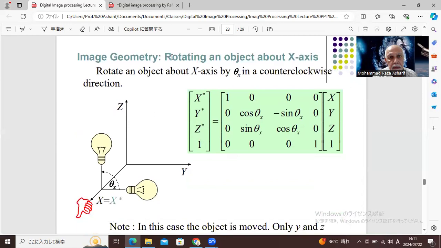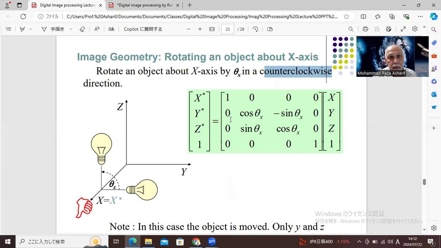For image geometry, consider rotation of an object about, for instance, the x-axis. You want to rotate this from here counterclockwise by theta. Then the new coordinate becomes like this. X doesn't change, so 1, 0, 0, 0, and for y and z, cosine theta x, minus sine theta x, sine theta x, cosine theta x, at any angle, not only 90 degrees.